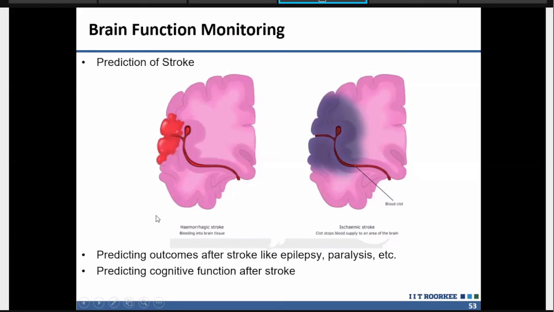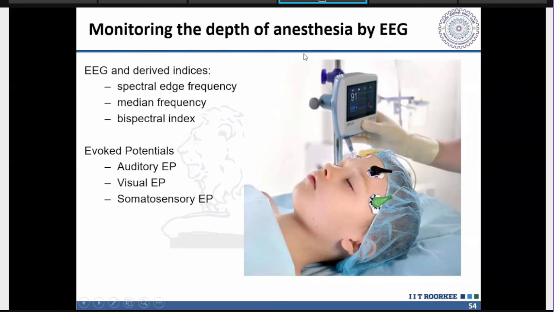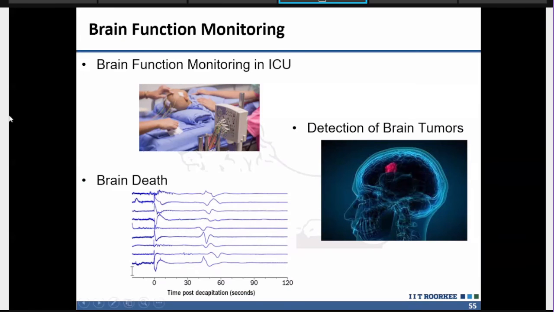We can predict outcomes after stroke, like epilepsy, paralysis, and cognitive functions after stroke, and monitor the depth of anesthesia. After applying anesthesia, you can place the EEG sensors and understand the depth, the state of the patient. It can also be used for detection of brain tumors and brain death.